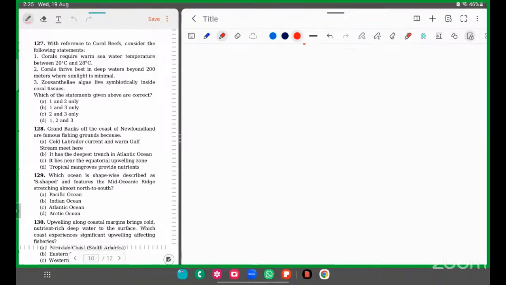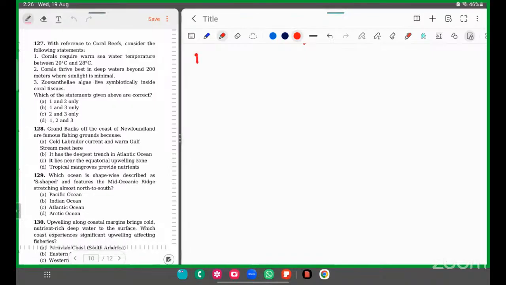Coral thrive best in deep water beyond 200 meters where sunlight is minimal, which is wrong because coral needs sunlight and grows best in shallow water. Considering the third statement, zooxanthellae algae live symbiotically inside the coral tissues, which is correct. So only first and third are correct. So answer B will be the answer.